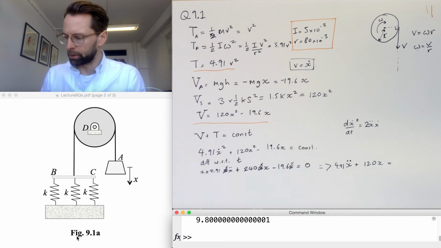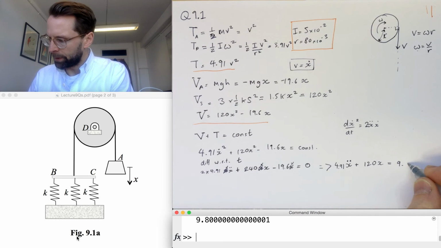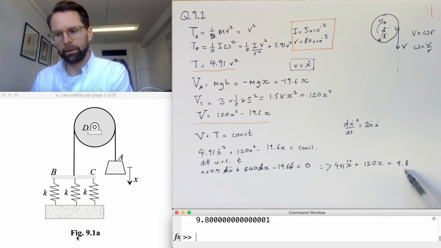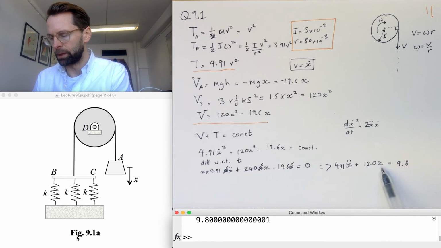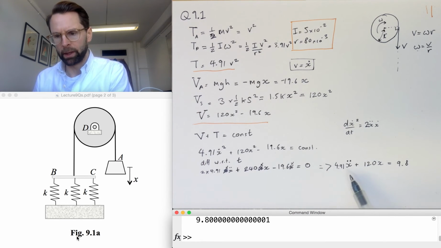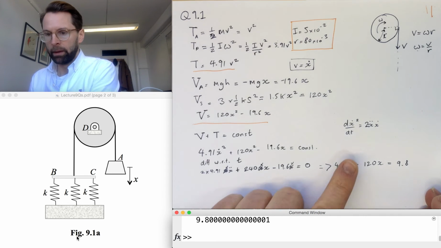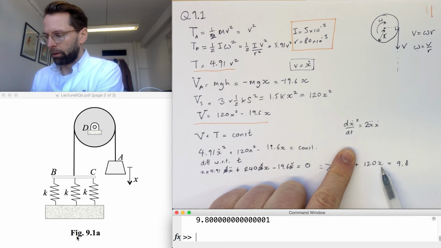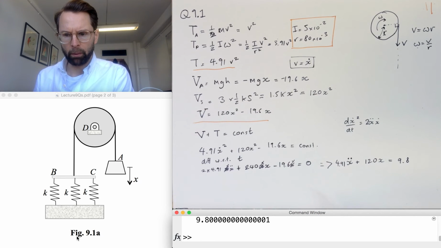It doesn't really matter what's on the right hand side. This just tells you that it's not in equilibrium at x equals 0. You could work out where it was in equilibrium by setting that to 0 and finding out what x was. That would be your equilibrium position. But don't worry about that.